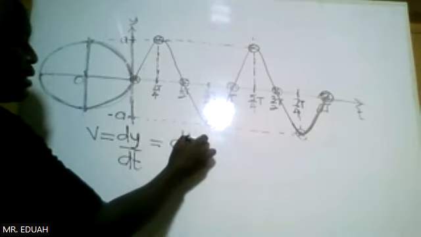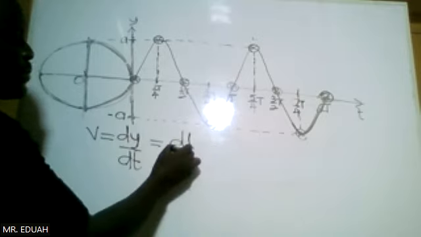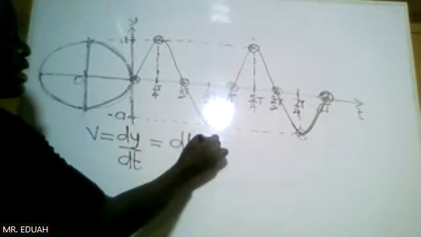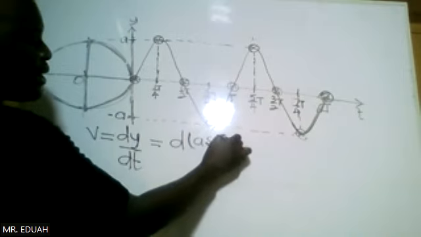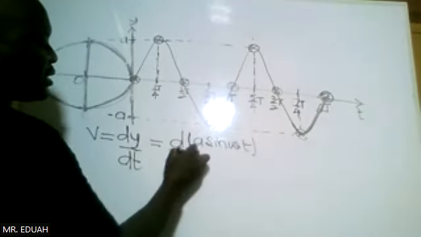So we substitute the displacement function a sine omega t into it to obtain the velocity function.